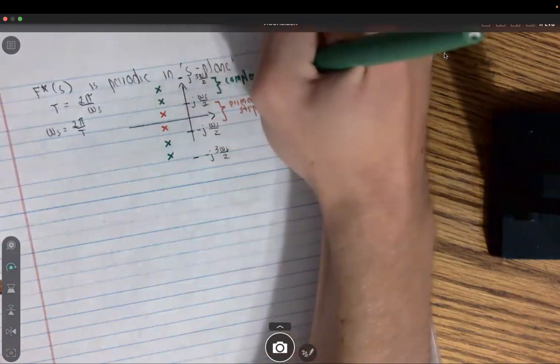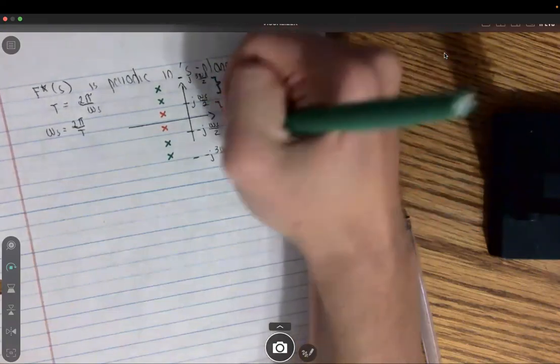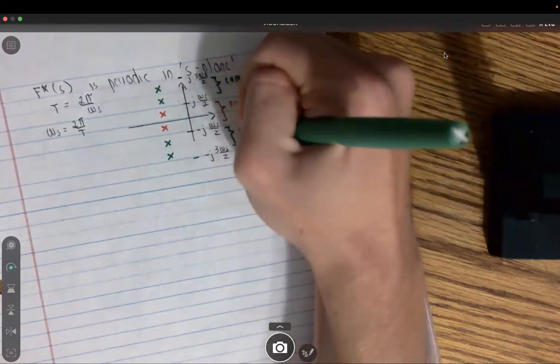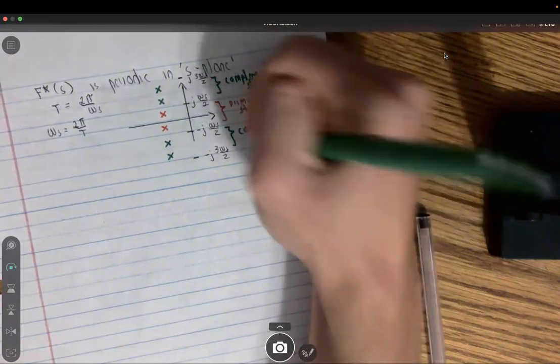So just note that the poles are periodic. And so if you know the poles, they just repeat basically in the F star of S plane.